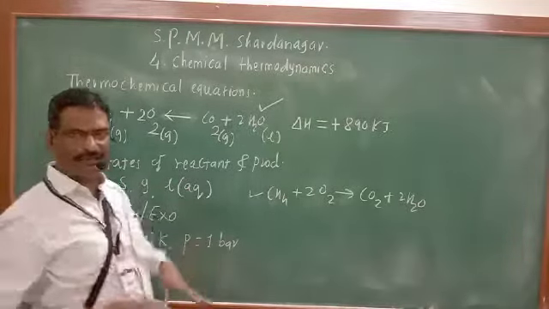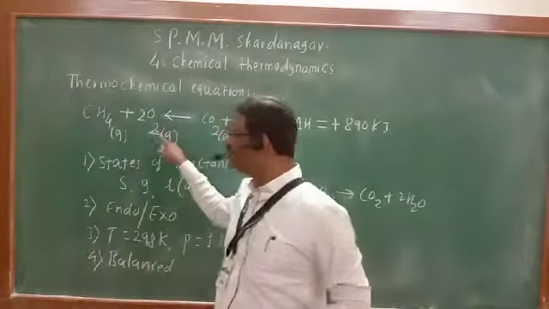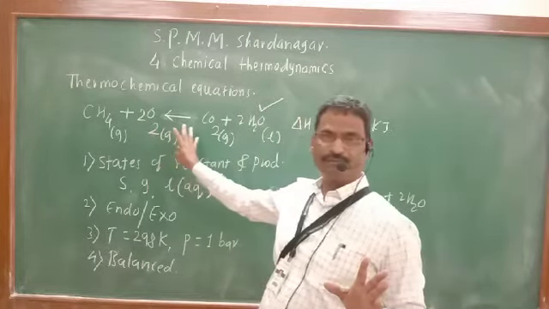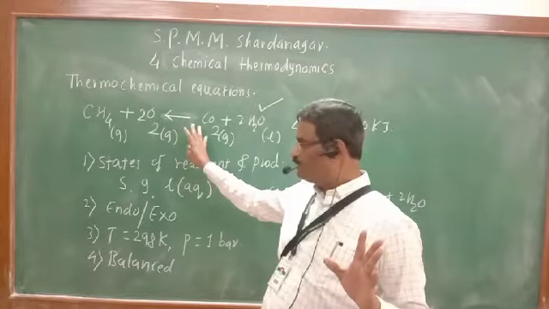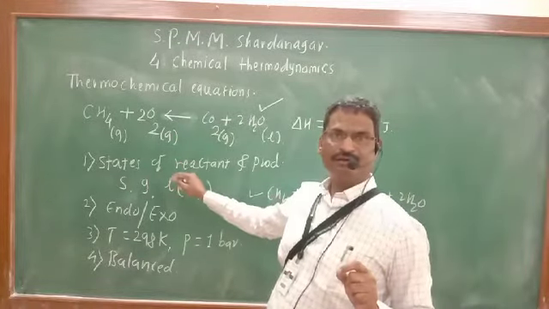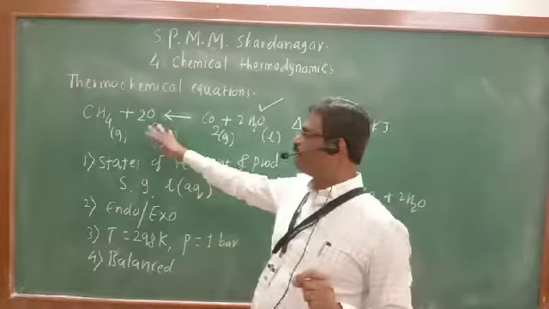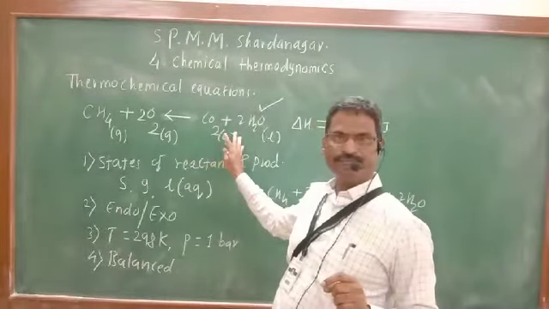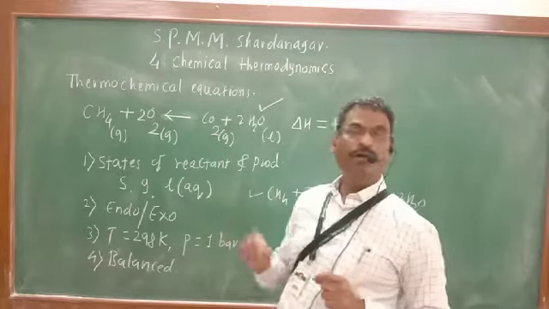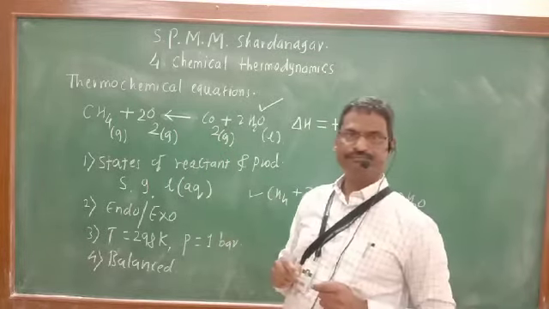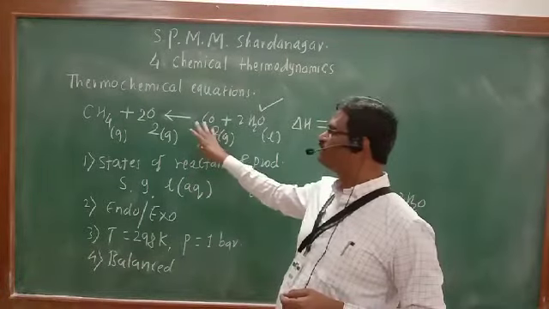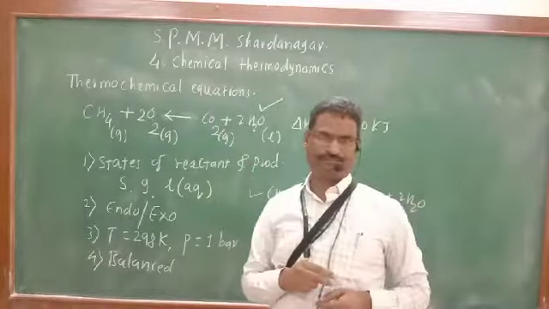So the equation which contains the balanced number of moles of reactant and product, the notations for states of reactant and product, and also the value of delta H indicating the nature of the reaction, is known as a thermochemical equation.